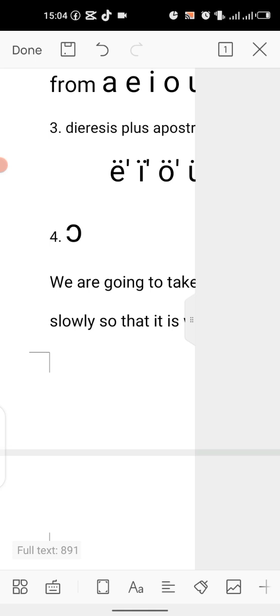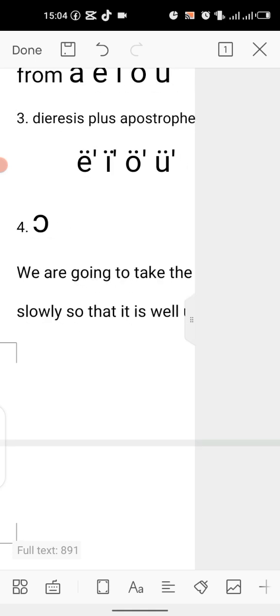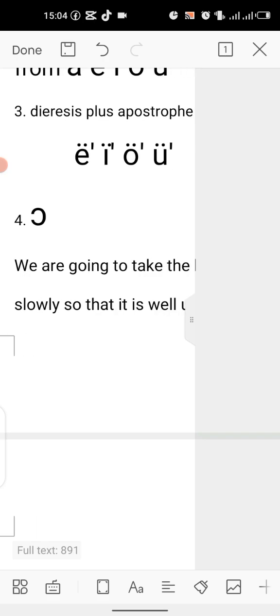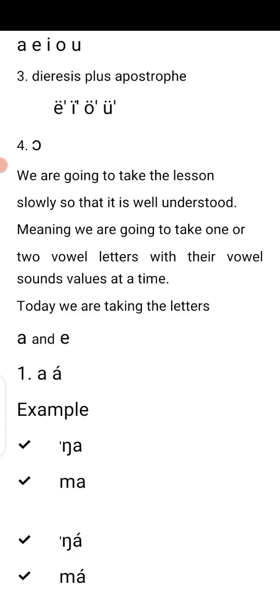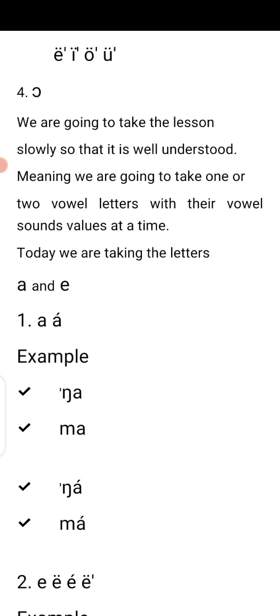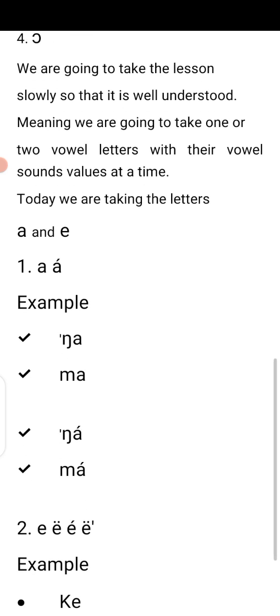So this one will be explained in detail in our next lessons. So today we're going to take the lesson slowly so that it is well understood. Meaning we are going to take one or two vowel letters with their vowel sound values at a time. Today we are taking the letters A and A.